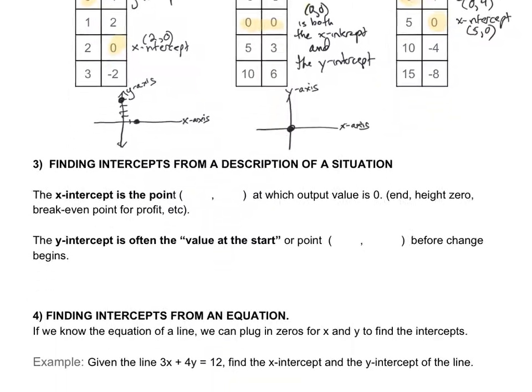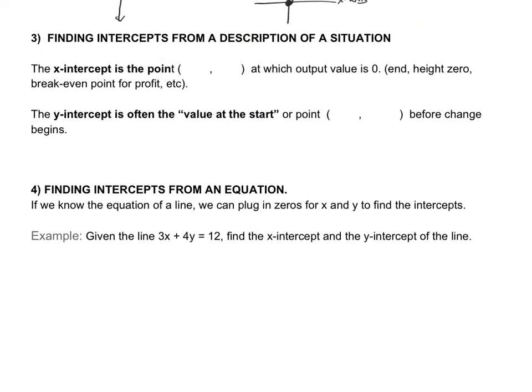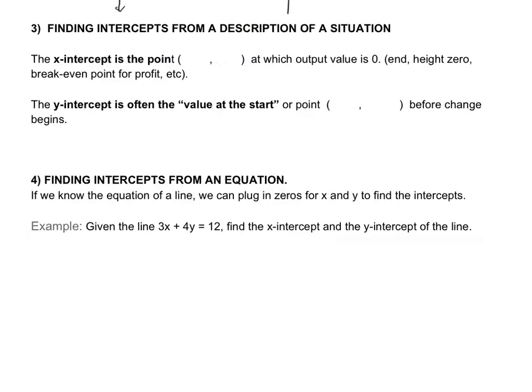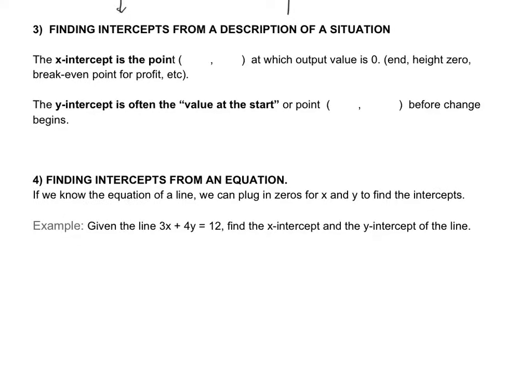Another possibility is that I give you a description of a situation and we are going to find the intercepts just from the description of the situation. So this is written into the question. Remember that, as we already said, the x-intercept is the point where there's a number in the x location, could be 0, might be a non-zero number, but the y has to be 0.